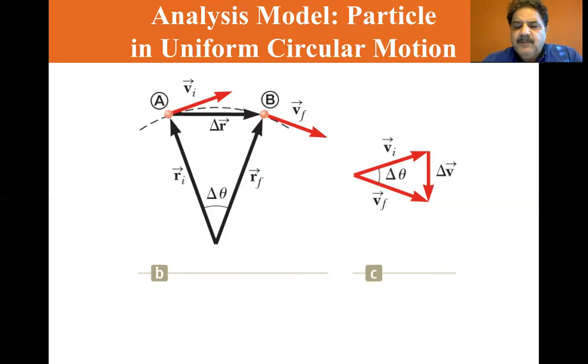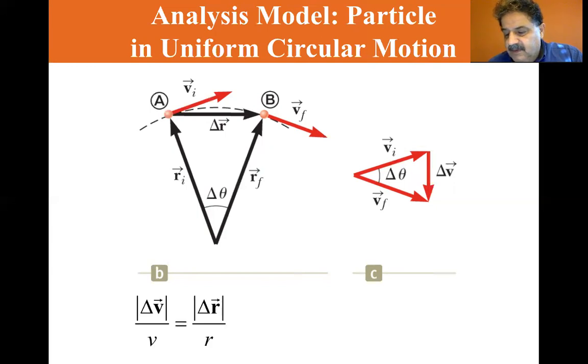We write the relationship between the lengths of the sides for the two triangles. That's the magnitude of delta v divided by v is equal to the magnitude of the difference in the position vector, delta r, divided by r.